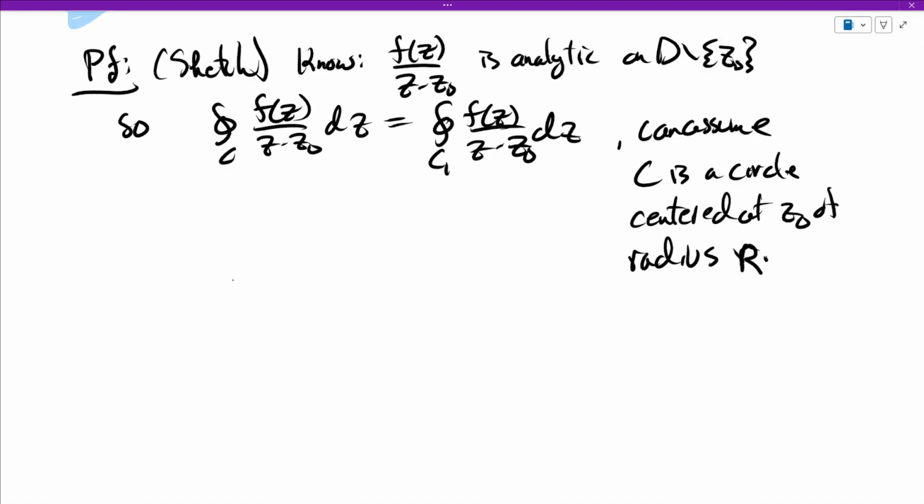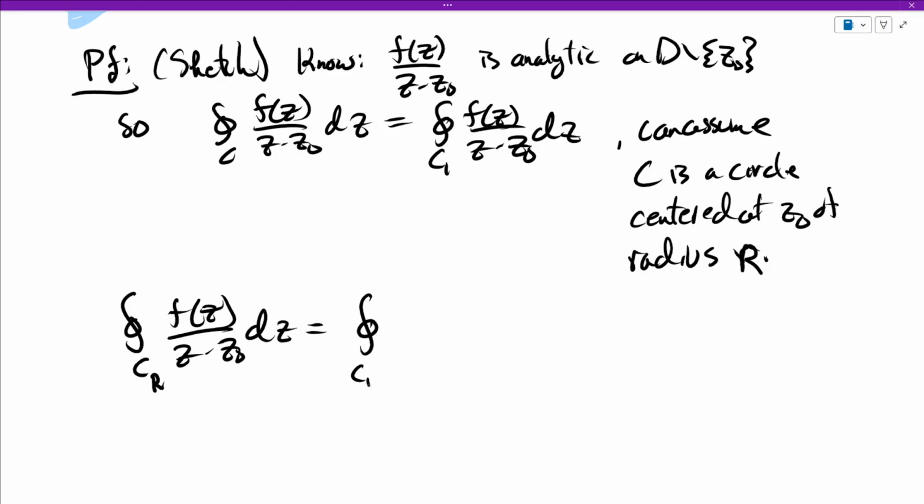All right, so the integral, I'm going to call it C_R for the circle of radius R, of f of z over z minus z naught dz, is going to be the integral over C_R of, I'm going to add in a 0. We're going to add in the value of the function at z naught and subtract it off.